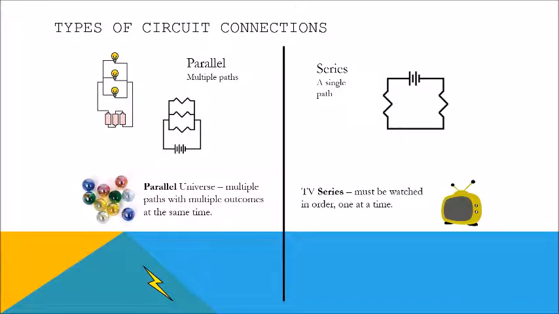There are two types of circuit connections: parallel circuits and series circuits. These are the basic kind of connections that we can have, and we can combine them as well into combination circuits. A series circuit is a single path from the battery through a device or a resistor, directly through another device or resistor, and back to the battery.